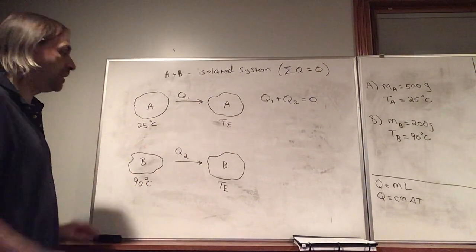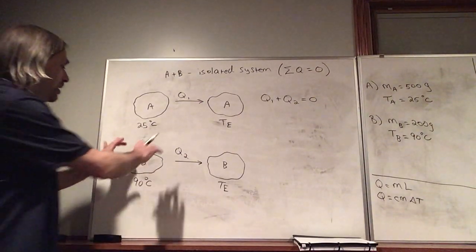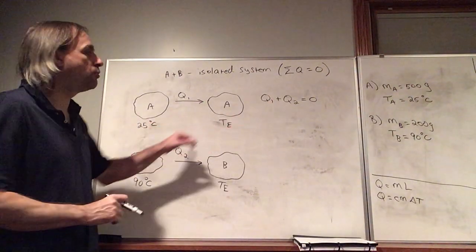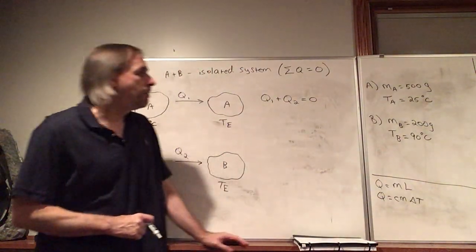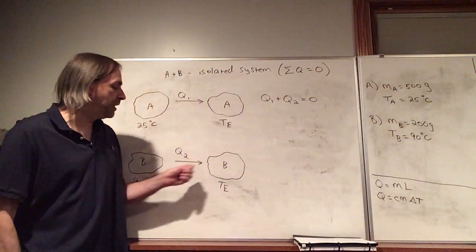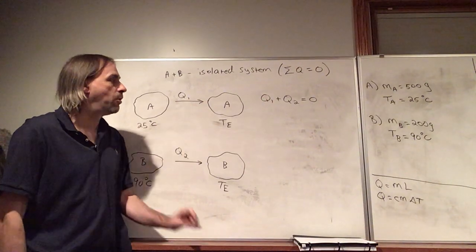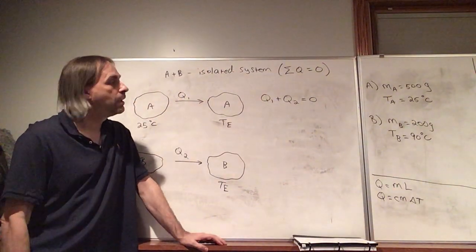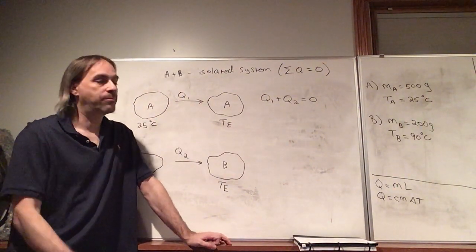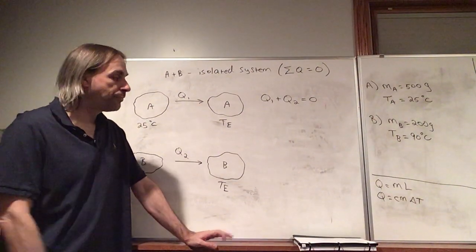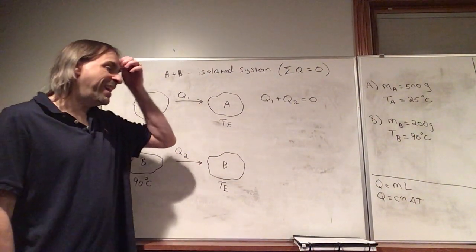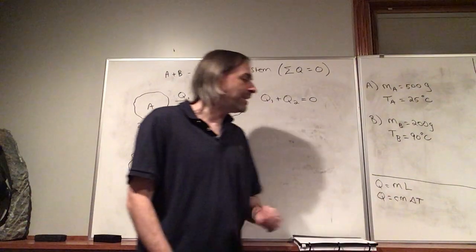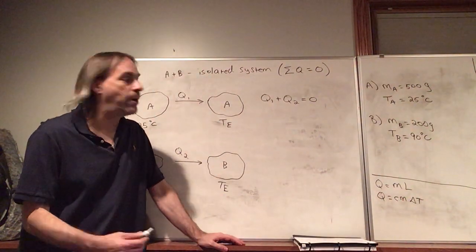B is losing heat. It's losing energy. Heat is flowing out, and so Q2 is going to be negative. But again, all the heat that's flowing from substance B is going into substance A, according to our assumption, which maybe isn't the most realistic in the world. And the good thing is that that's going to be taken care of automatically in this equation.